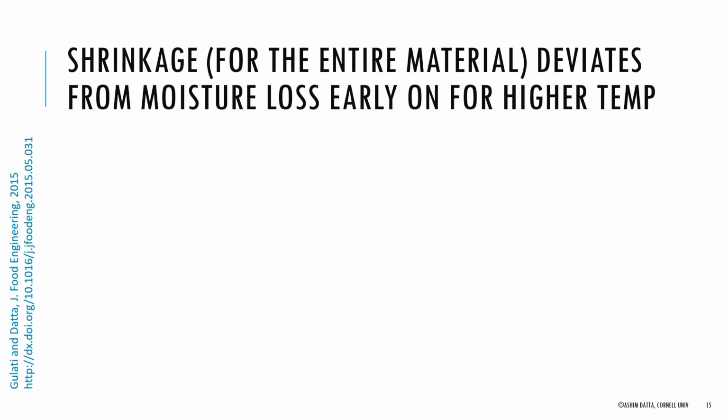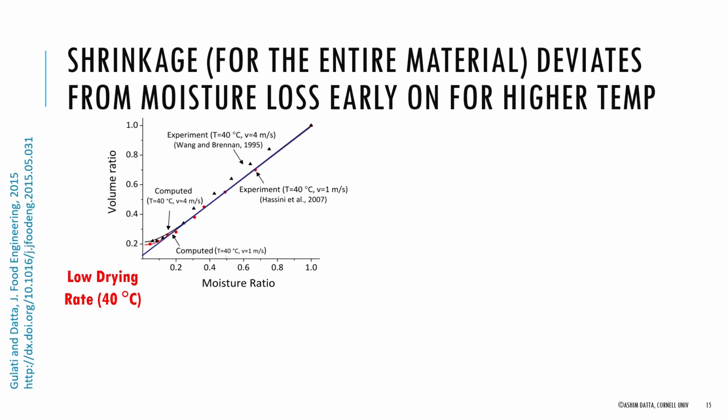I would like you to think about this for a few minutes, so just pause the video and then come back to it. As we reduce moisture, as we go down this way, the volume goes down, as you can see in this curve.